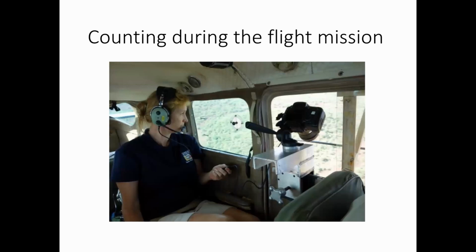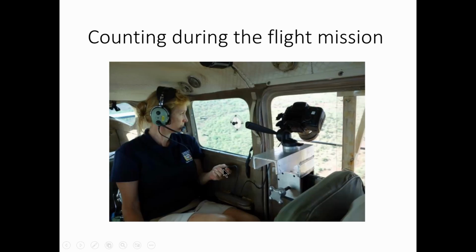During flight, the rear seat observers are looking out through the markers. You can see a marker here, and there'll be one further in, and they count the animals within that strip. In this instance, they've also got the camera attached so that when there's a big herd passing between the markers, they don't necessarily need to count it, or they make an estimate and then take a photograph for later analysis in the lab.